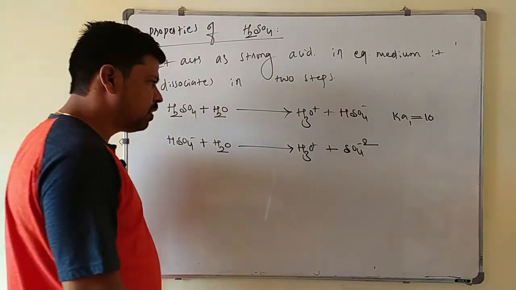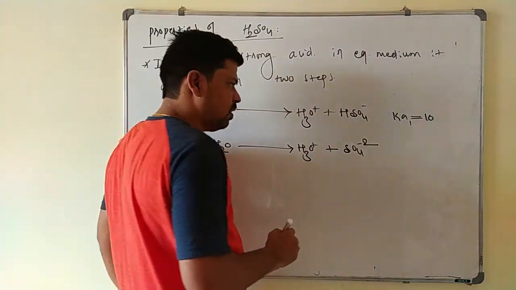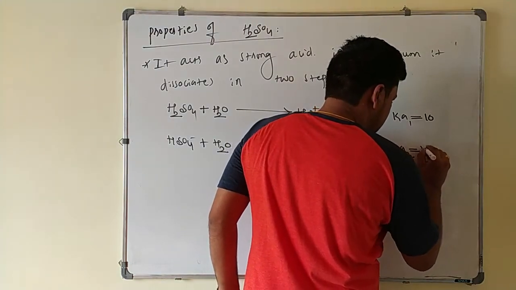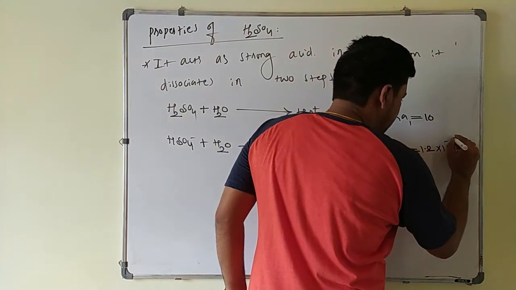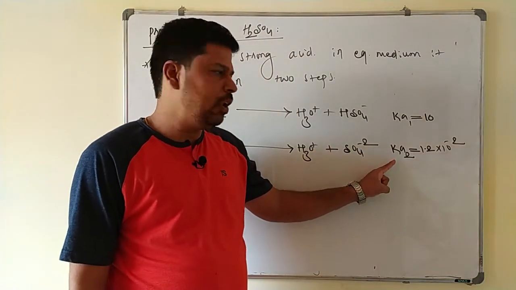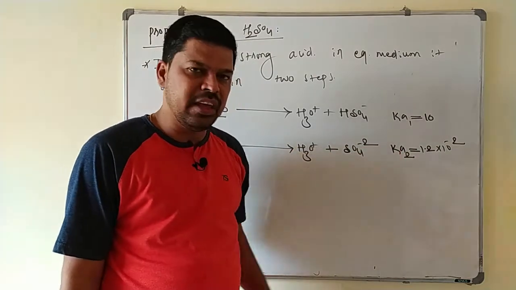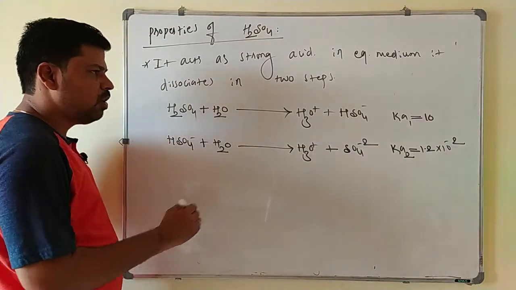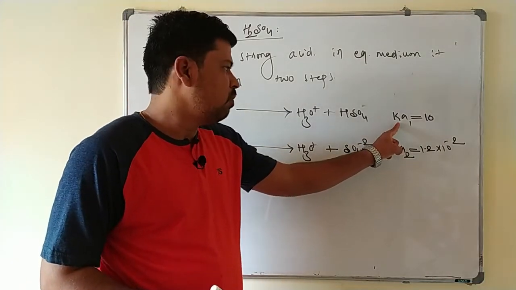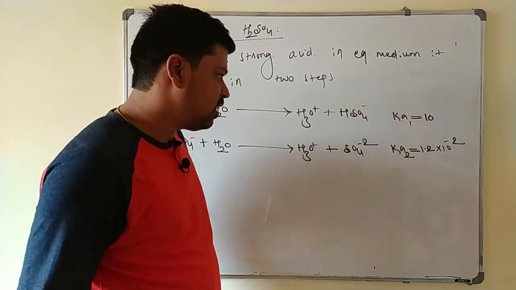For this step, when the second proton is given by the HSO4 minus, Ka2 is equal to 1.2 into 10 power minus 2. If we compare the Ka1 value and the Ka2 value, Ka1 is very high compared to Ka2. As the Ka value increases, the acidic strength also increases.